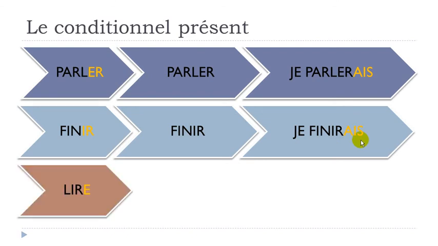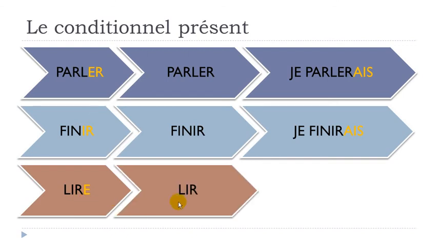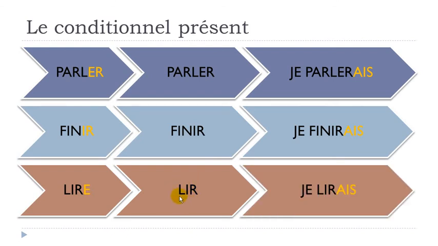Okay? For the third group of verbs, of course, we will have some exceptions. So we'll see that a bit later in this lesson. But still, the main rule is if it's ending like lire, to read, with this final e, the idea is that you will take this away, as we quite usually do in French, okay, and after that you will add your ending.